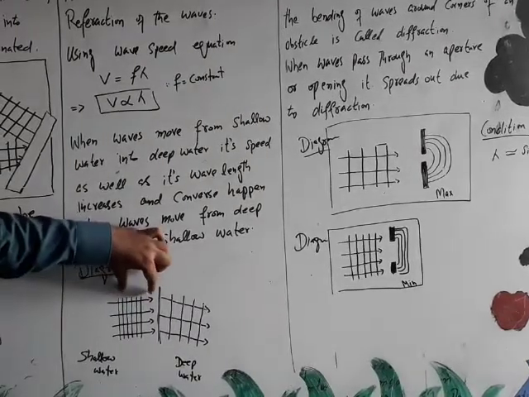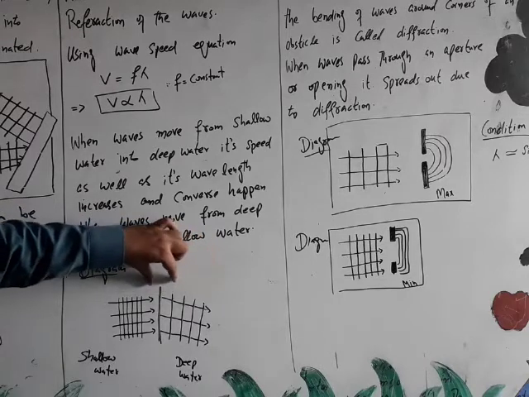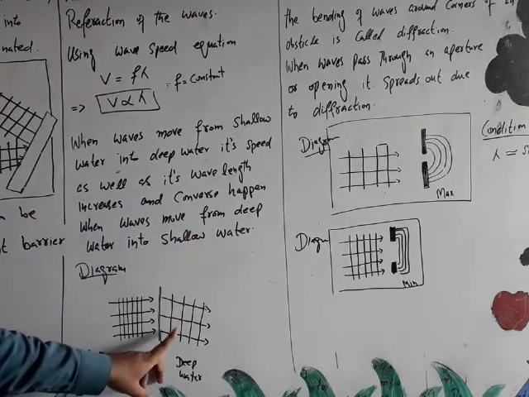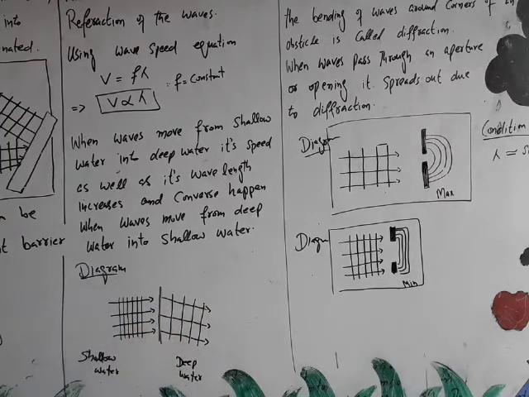But when it crosses the shallow water and reaches deep water, due to change in density, the speed as well as wavelength of the incident wave increases, and this process is known as refraction of the wave.